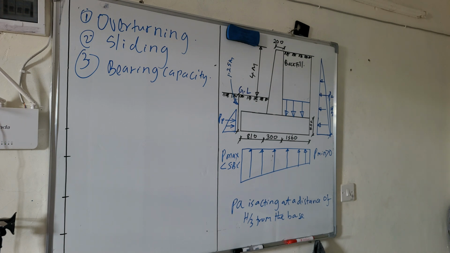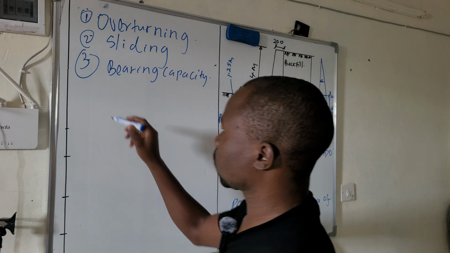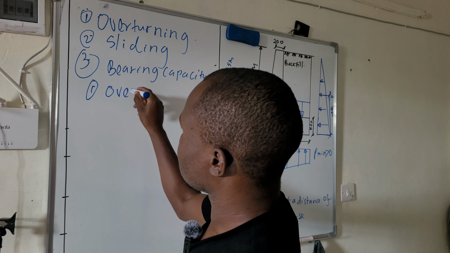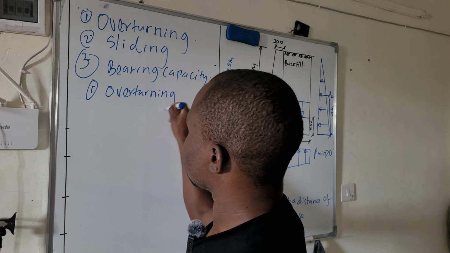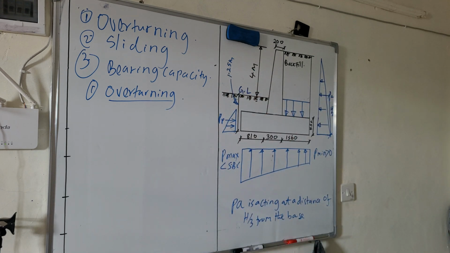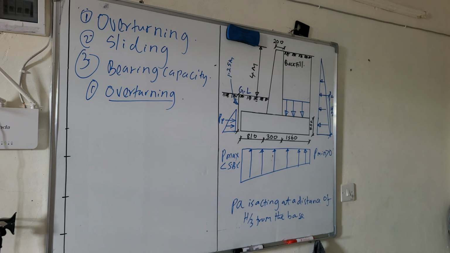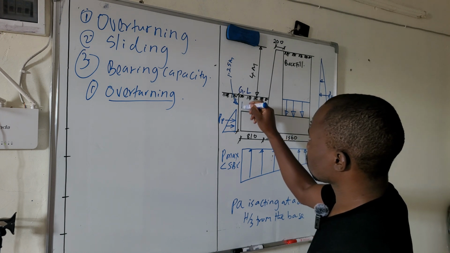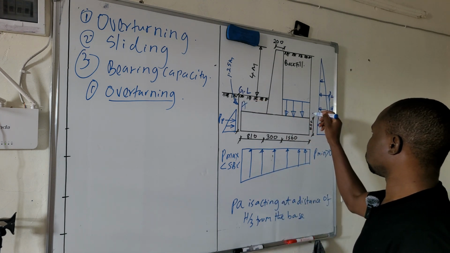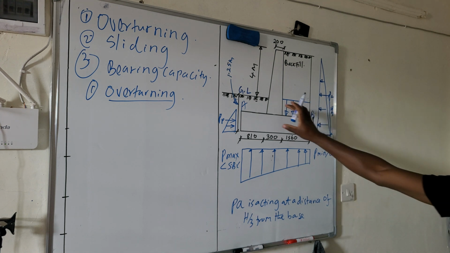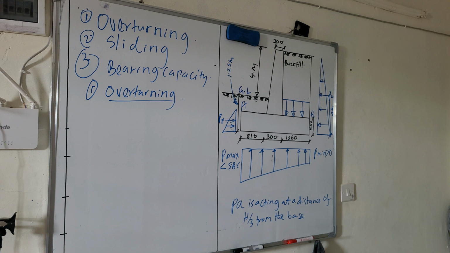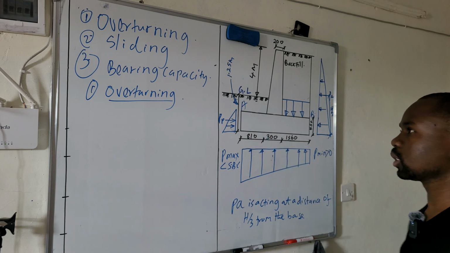So I will begin with overturning. We know that this active pressure, as a result of this retained soil, can cause this retaining wall to overturn at point A. And let's say this is point B. If this retaining wall is not stable enough, then it will overturn at this point.